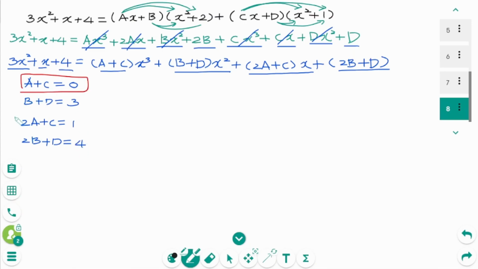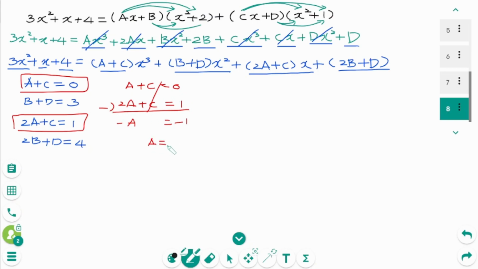From these two equations, a plus c equals 0, 2a plus c equals 1. Subtract: a minus 2a is minus a, c minus c is cancelled, 0 minus 1 is minus 1, then a equals 1, that means 1 plus c is 0, c is minus 1.